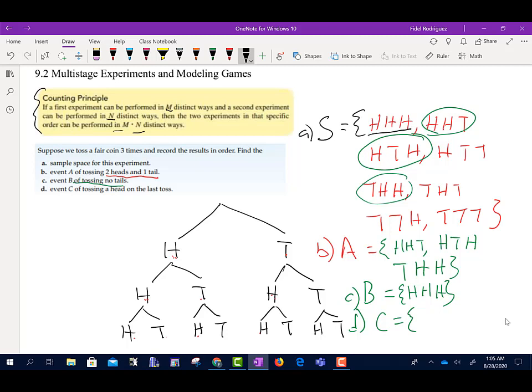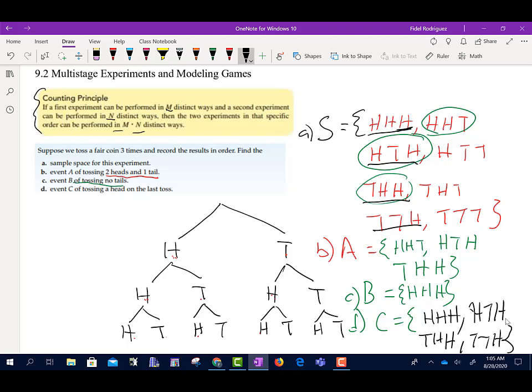Well, that one has it on the last toss, doesn't it? Because it's right there. This one has it on the last toss. Okay. This one has it on the last toss. Let's see. And this one has it on the last toss. Okay. And so there are our events.